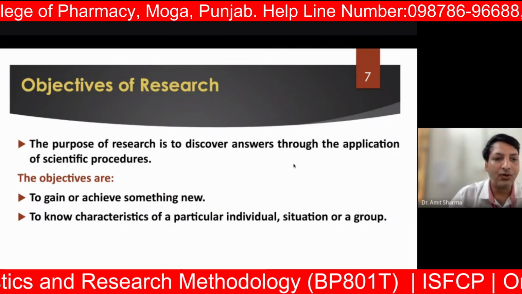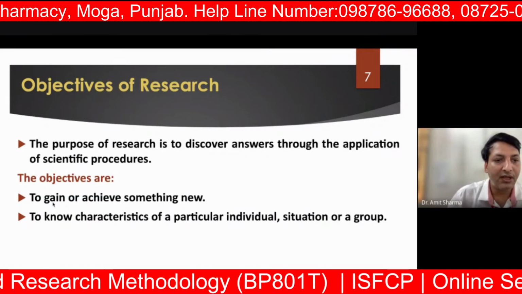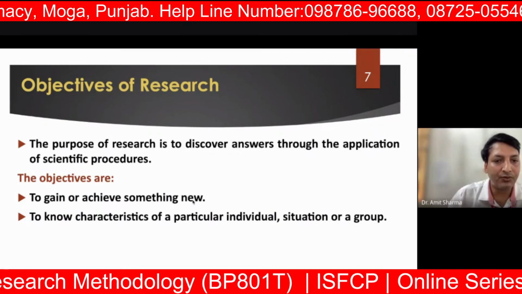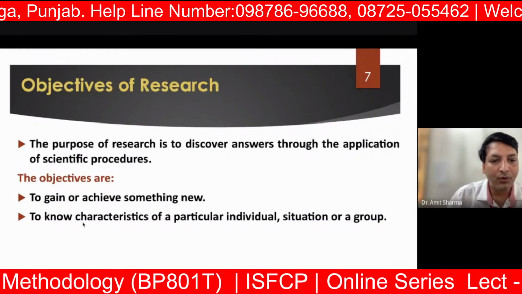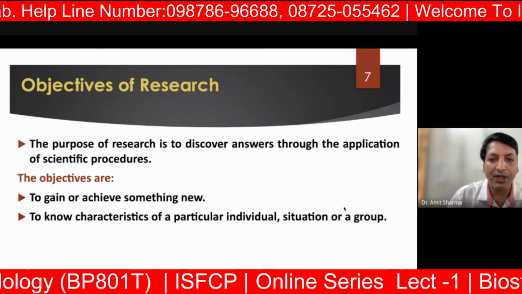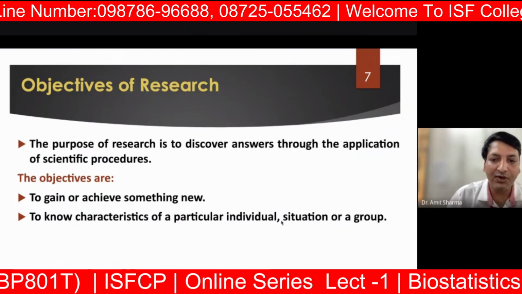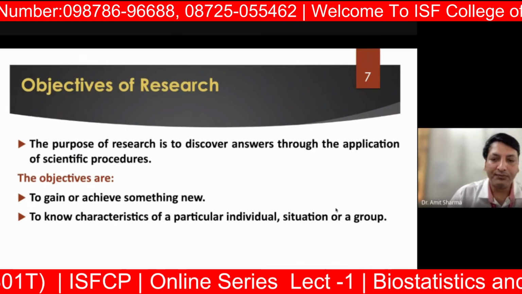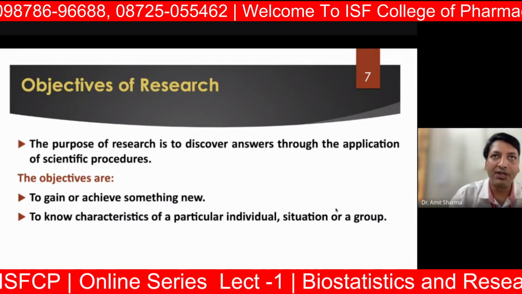Clear? So why are we conducting research? What are the objectives? Simply, to gain or achieve something new, and to know the characteristics of an individual, situation, or a group. Here, an individual can be one person, a situation can be, for example, winter or summer in a particular region of the country.